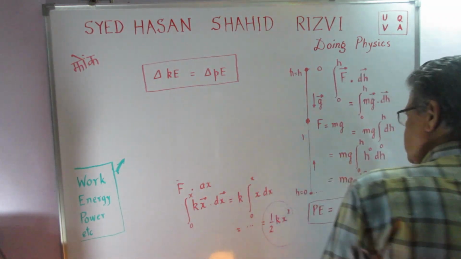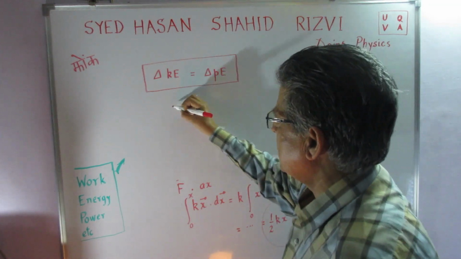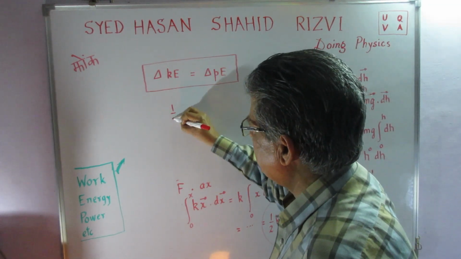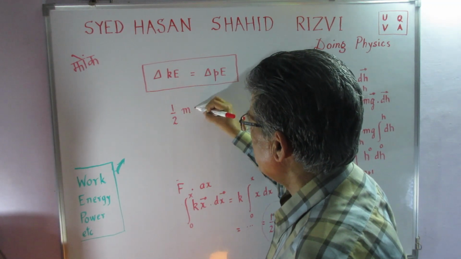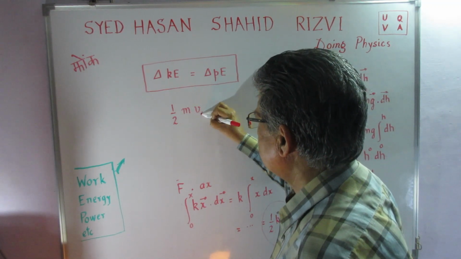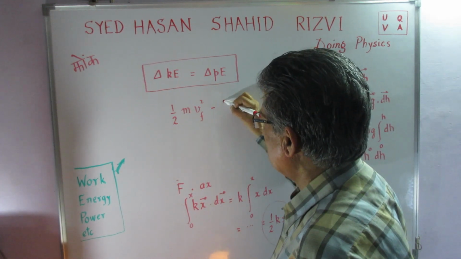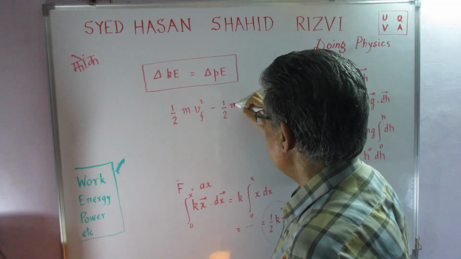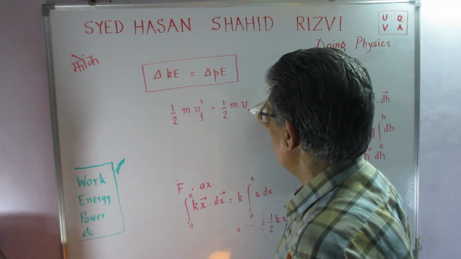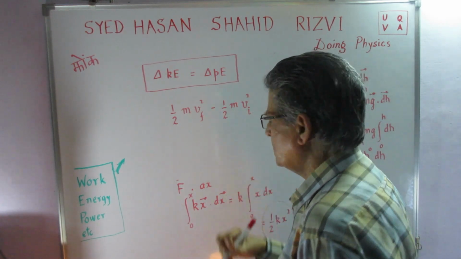One more thing I have to define is that half mv square, if there is a final velocity, half m vf square, and the body started with half m vi square, you may get this relation readily in your book.